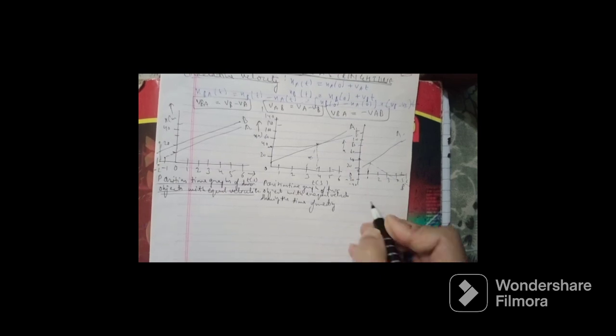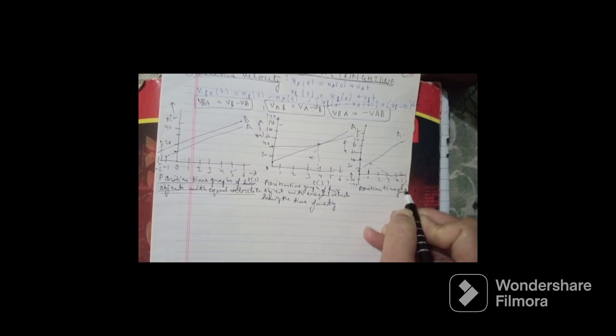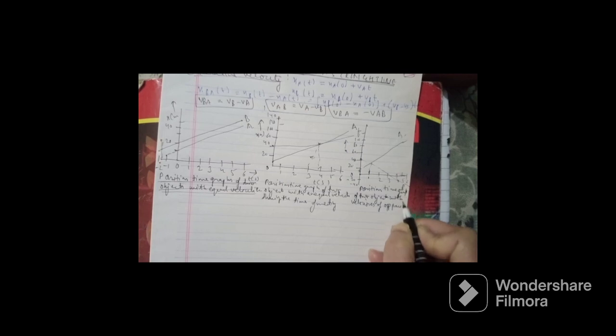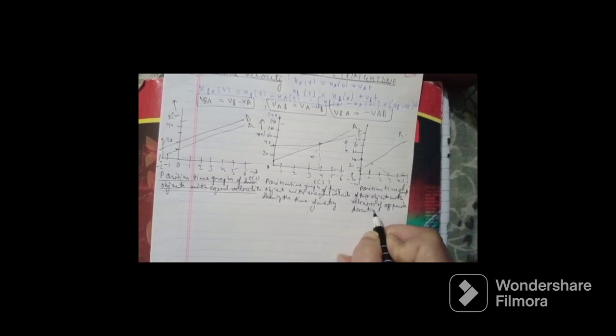So it will intersect at point 1, and this is known as A. This is a graph for position time graph of two objects with velocities in opposite direction, shown the time of meeting.